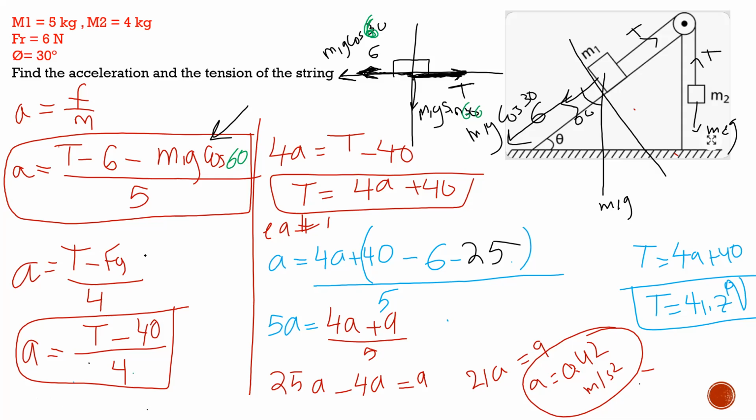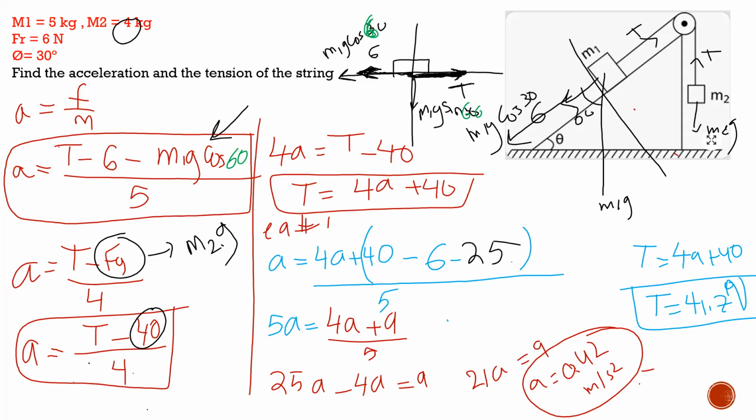This is Fg, which is m2 times g. This is the gravitational force. We know the gravitational force is the mass times 10. 10 times the mass m2, which is 4, you will find it as 40.